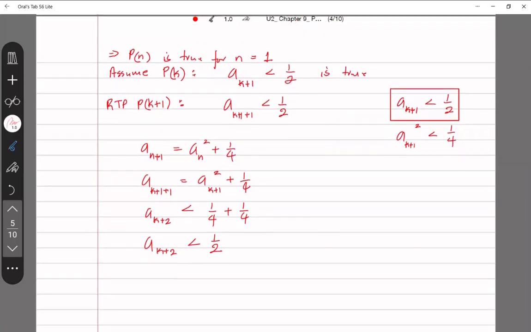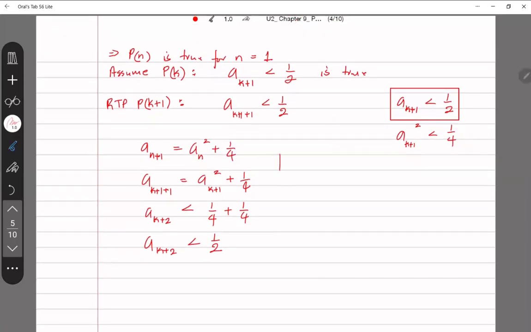So now that that is true, I can make my statement, which I will make over here, that P_(k+1) is true when P_k is true.